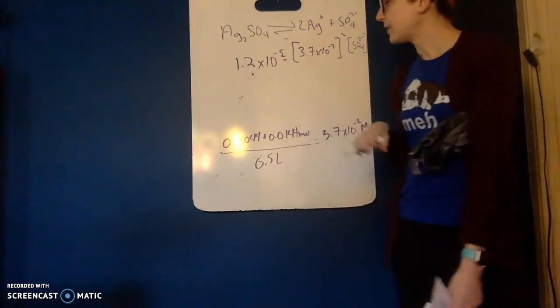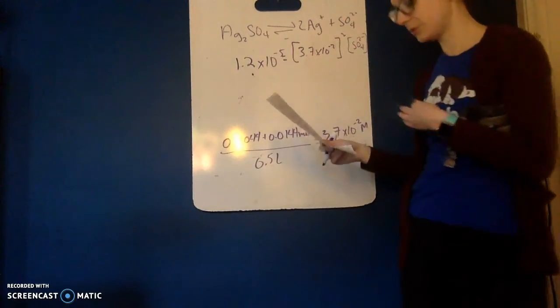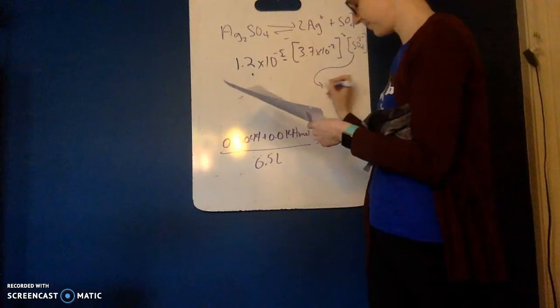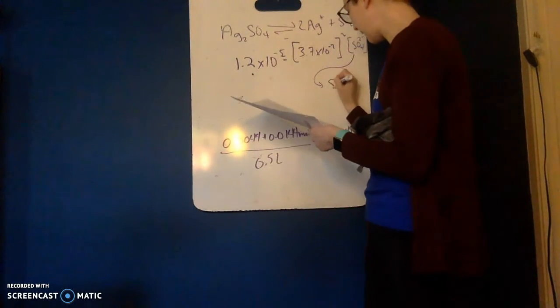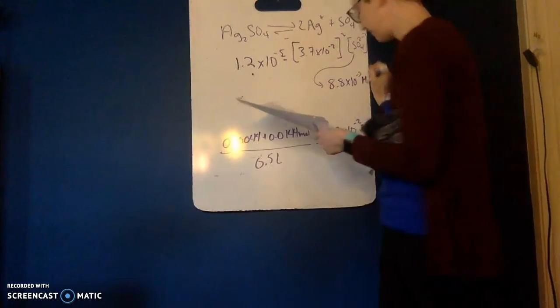So if we divide 1.2 times 10 to the negative 5 by 3.7 times 10 to the negative 2 squared, we get the concentration of sulfate to be 8.8 times 10 to the negative 3 molar.